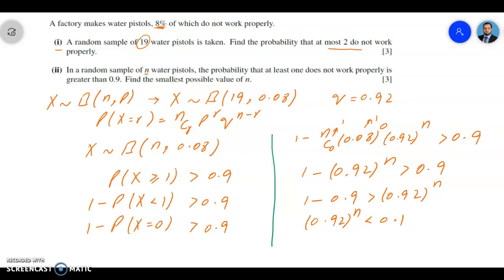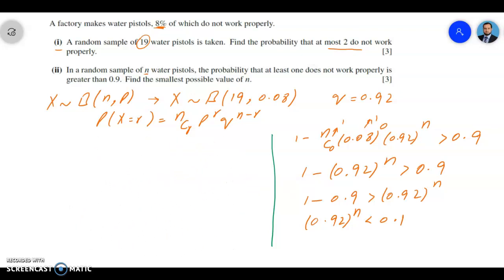Now, AS level students don't learn logarithms in Pure 1, while A level students know logarithms. So if you apply logs you can solve it that way, or otherwise we can use the hit and trial method. I'll do both. Applying log on both sides: 0.92 to the power of n is less than 0.1, so n times ln of 0.92 is less than ln of 0.1.